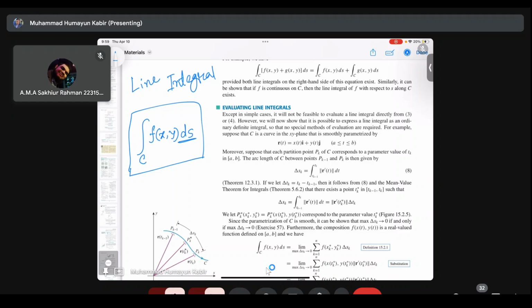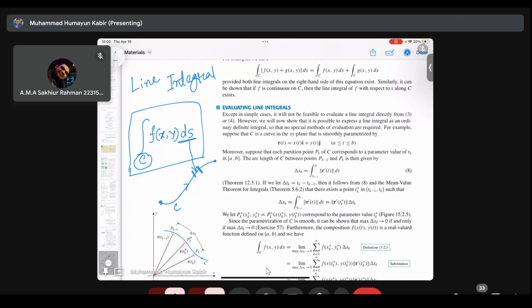Suppose C is this one. This is the curve C. What is ds? ds is a small part of the curve C. I repeat, C is a curve, of course a smooth curve.